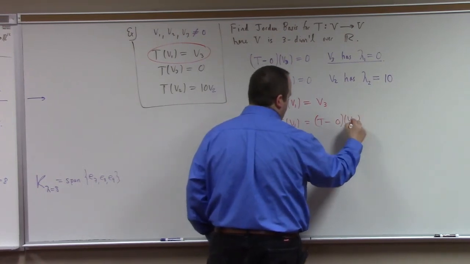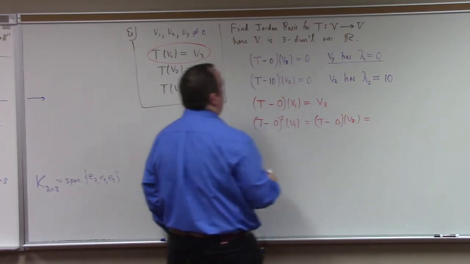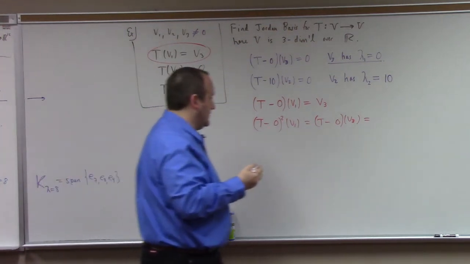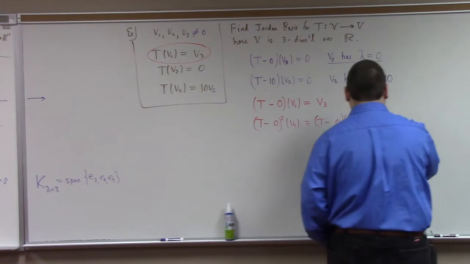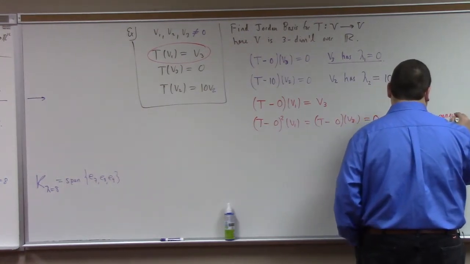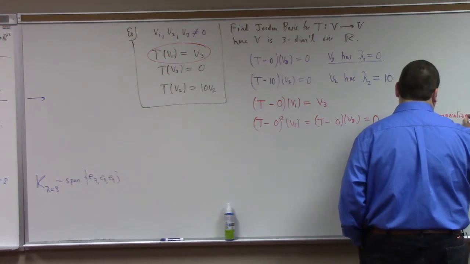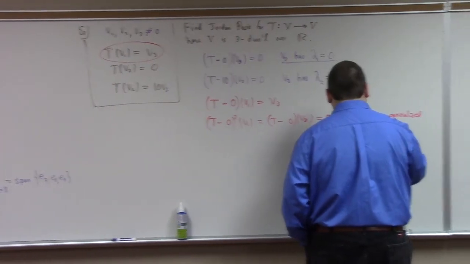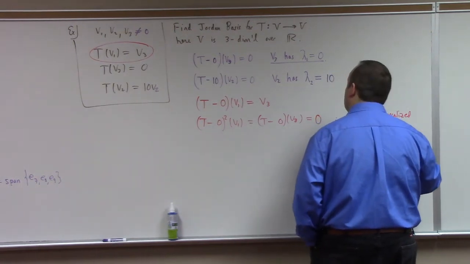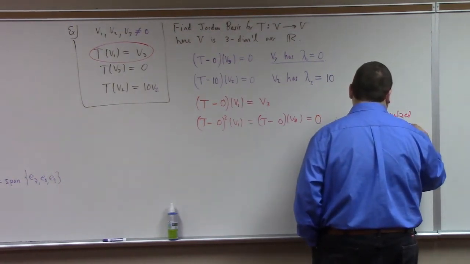What's T minus 0 acting on V3? It's 0. So what does this make V1? A generalized eigenvector with eigenvalue lambda 1 equal to 0.